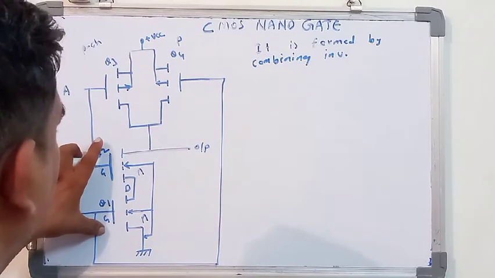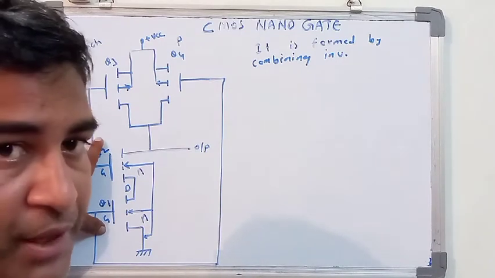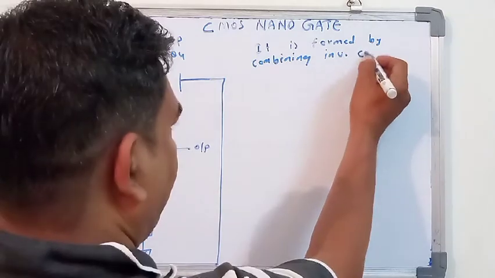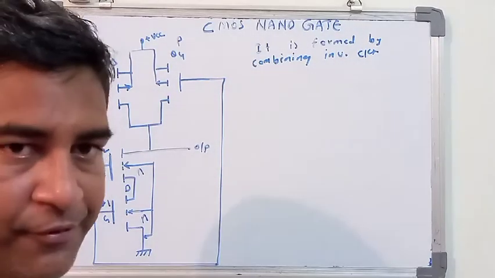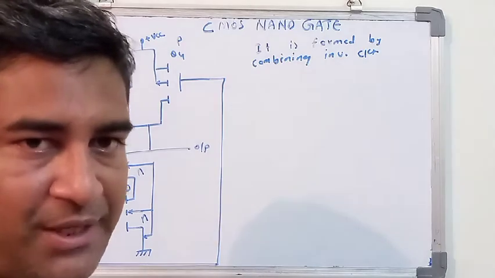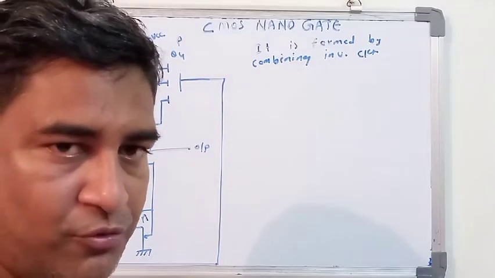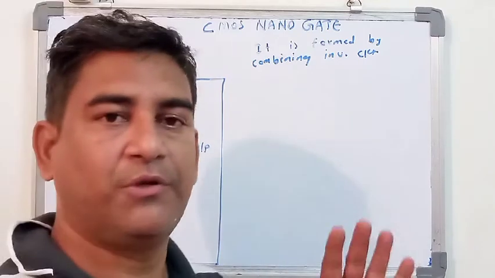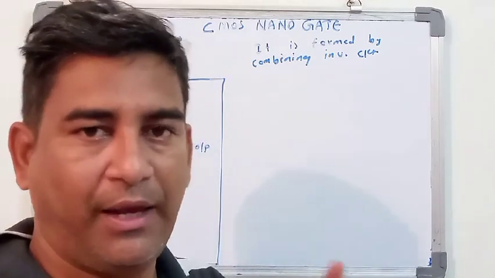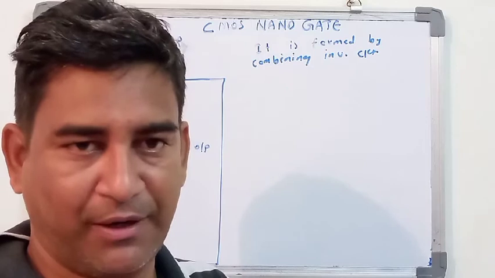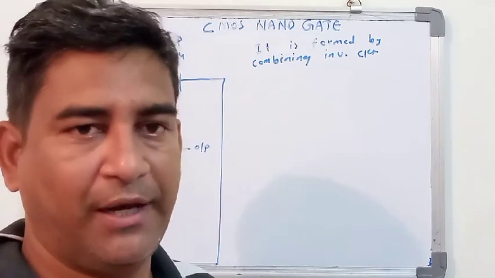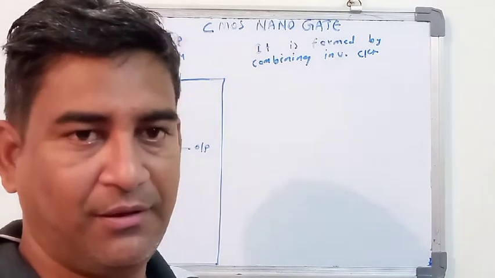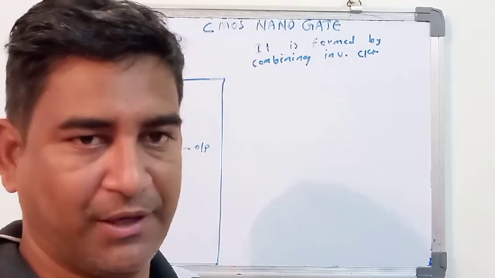Students, 4 metal oxide semiconductors have been used. Out of these 4, 2 are N metal oxide semiconductors, that is N channel, and the rest 2 are P channel metal oxide semiconductors.